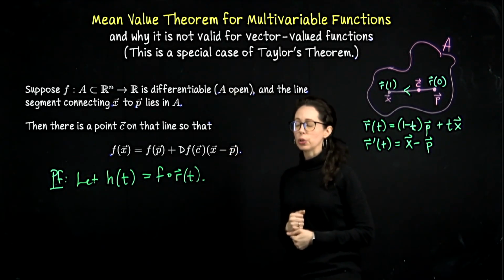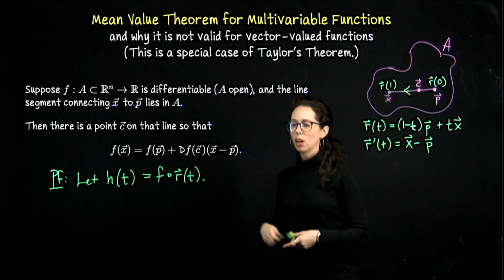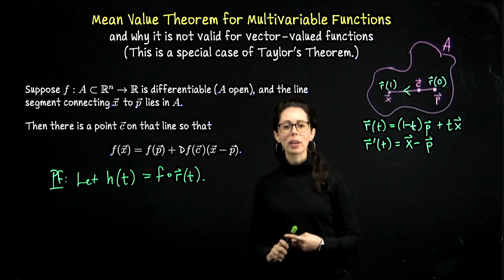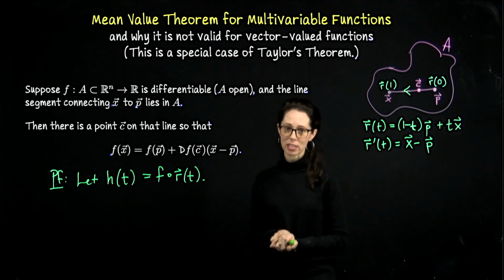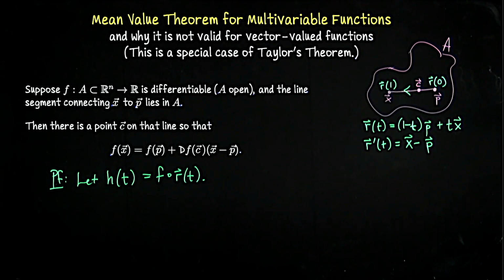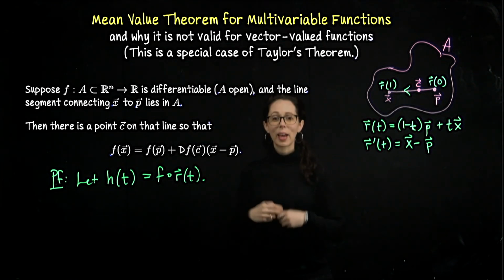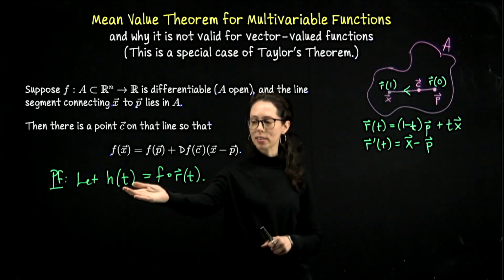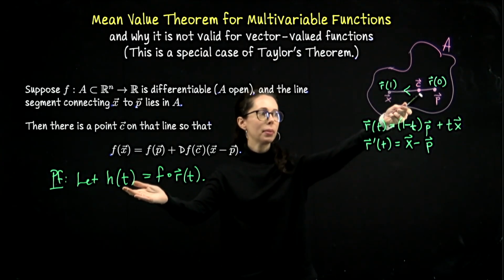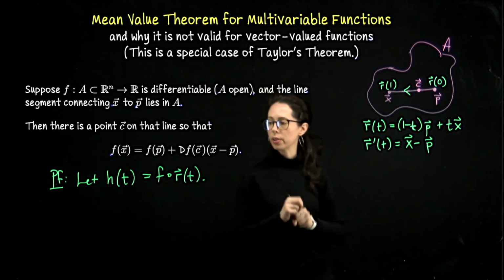Take a moment to look at this function. What is its domain? What is its codomain? What kind of function is this? What tools do we already have for this function? I hope you realize that h takes in the parameter t, that's scalars, sends us to the line segment, but then we plug that into f, which is scalar valued.